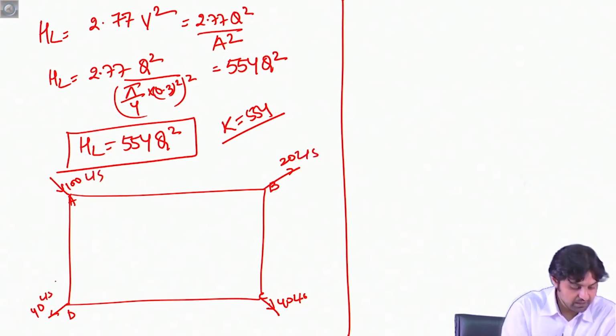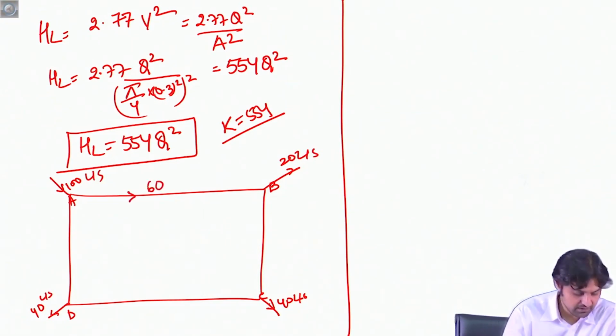Let's say when 100 is coming, pipe AB gets 60, and this say is 40, and AD is in this direction 40.